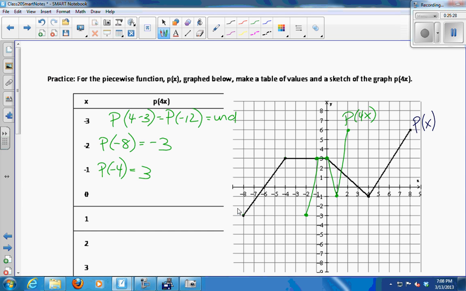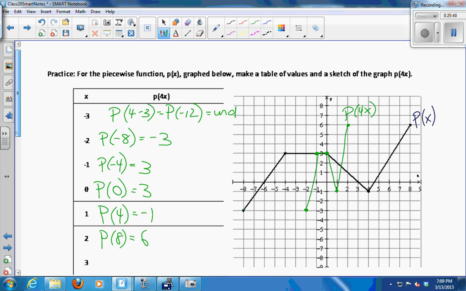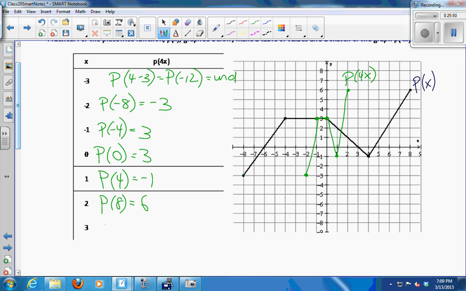And when x is 0, p of 4 times 0 is 0. P of 0 is 3. P of 4 is -1. P of 8 is 6. And when I try to plug in 3, I get P of 12, which is undefined.